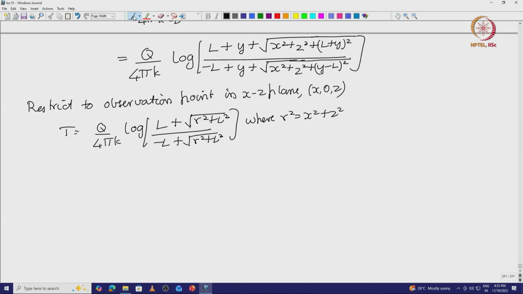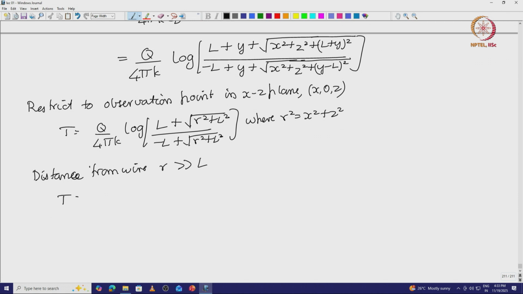And we can ask what happens if the distance from the wire is much larger than the length of the wire. What happens if the distance from the wire r is much larger than the length of the wire L? In that case, I can divide throughout by r.